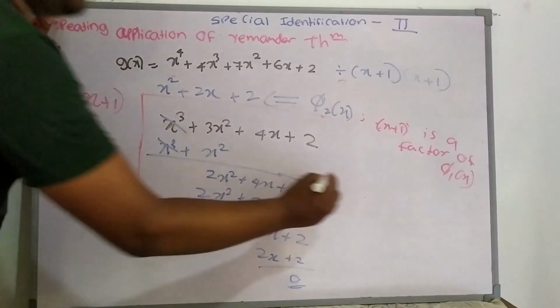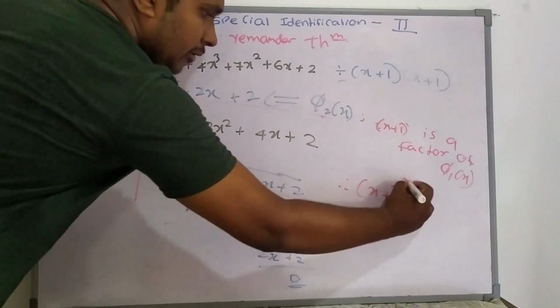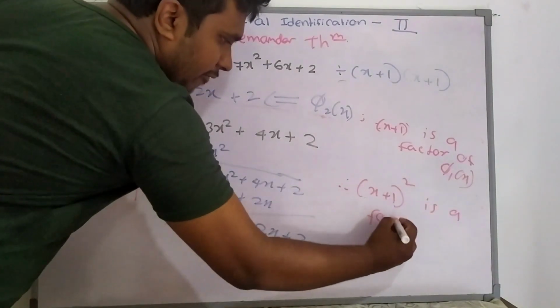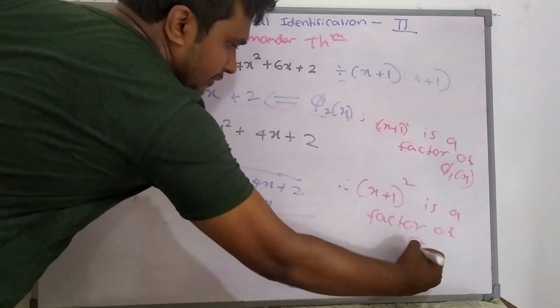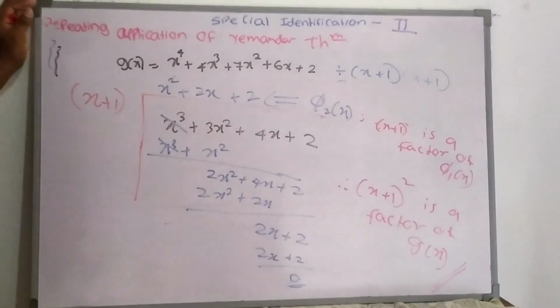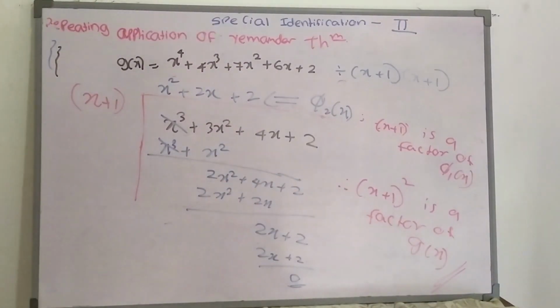So therefore x plus 1 whole thing is a factor of g(x). This is our final conclusion of this case: (x plus 1) whole squared is a factor of g(x).